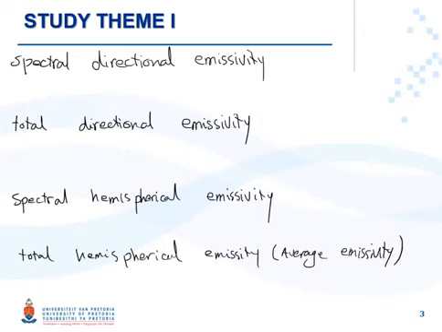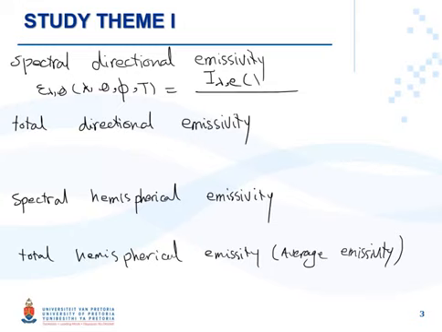Okay, this is shown by epsilon, lambda and theta. So of course it's a function of lambda, theta, phi and temperature. So it is I lambda,e (lambda, theta, phi, T) divided by I lambda,b (lambda, T).